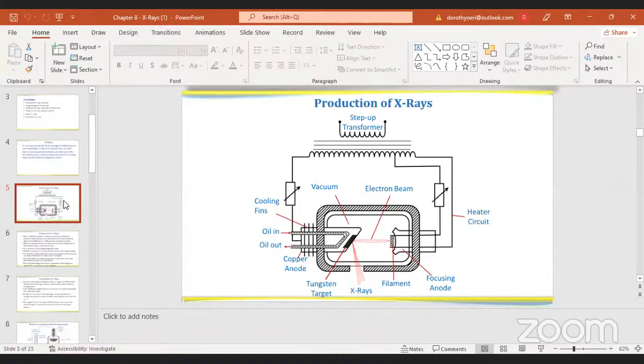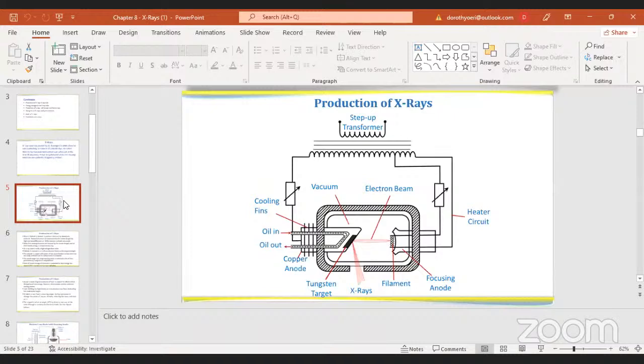From cathode rays, what you learned, I want to believe, was that when the cathode is heated, electrons are produced, and those electrons are what we are referring to as cathode rays. They travel to the anode.